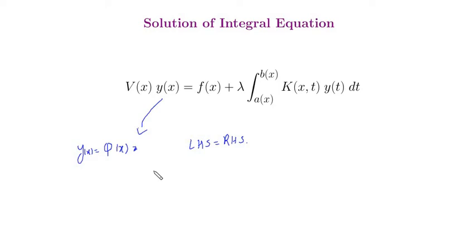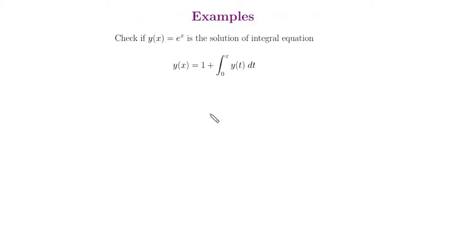So straightforward, let's take some examples. For your first example, the question is: check if y(x) equals e raised to x is the solution of the integral equation y(x) equals 1 plus integral from 0 to x y(t) dt.